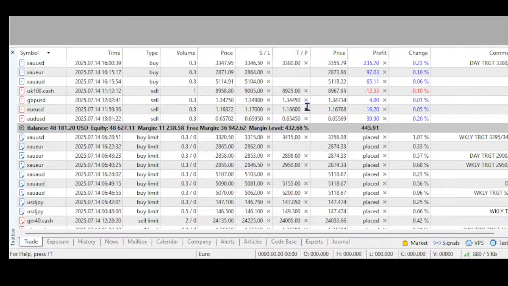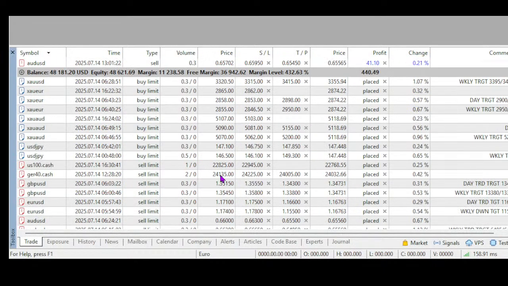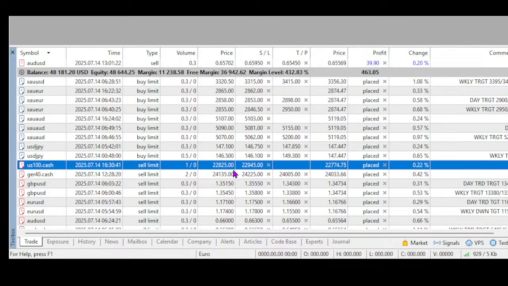I'm looking for a sell at 50 points higher, which means say 820, okay 825. Then the stop should be 100 points higher from there, so probably about 945. So this is the order we have just keyed in for the Nasdaq.